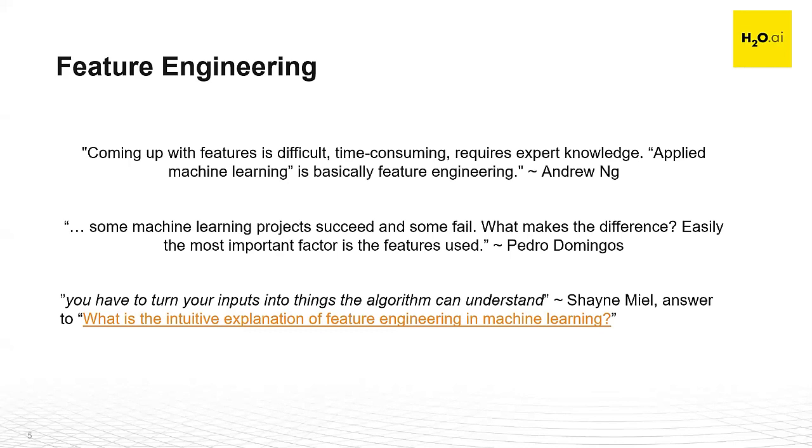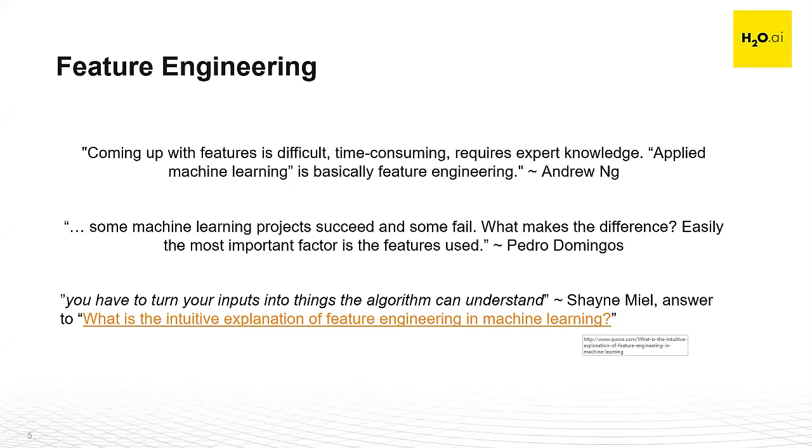But what I really like is the quote from Saint Miel. Maybe I'm not pronouncing his name right. I hope he can forgive me. But you have to turn your inputs into things the algorithms can understand. And I think that is a very, very important point, because most algorithms understand numbers, for example. They don't understand letters. So imagine you have text or a field that has letters.